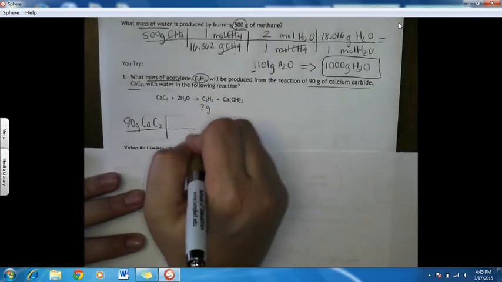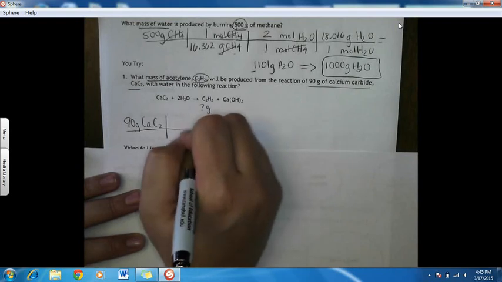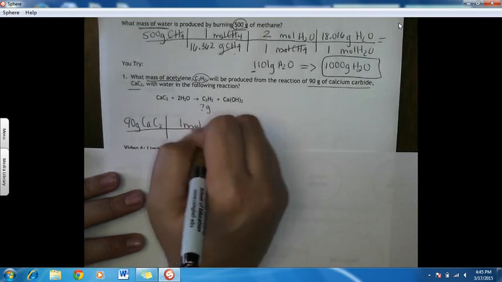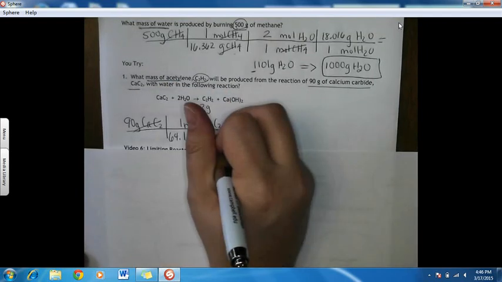Alright, and so we calculate the molar mass, put our grams on the bottom, and our 1 mole of calcium carbide on the top. Calcium has a mass of 40.08, and carbon, there's 2 of those, at 24.02 would be 64.1. Alright, so now we have moles of calcium carbide.